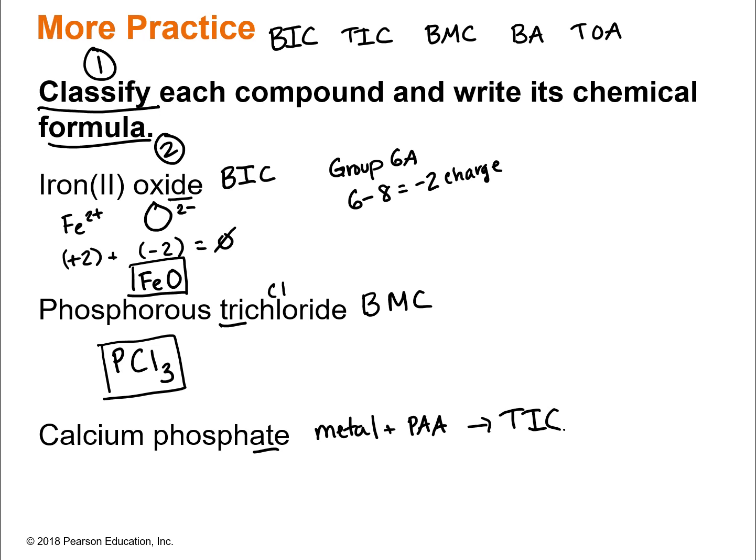Writing out the formula, calcium is a group 2A metal, which means its charge is 2+. Phosphate is one of those polyatomic anions that you look up. 3- is its charge. The charges of these two ions are 2+ and 3-. That means we're going to have to use our swapping trick.